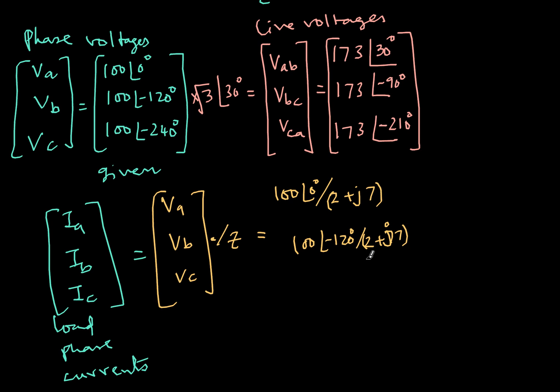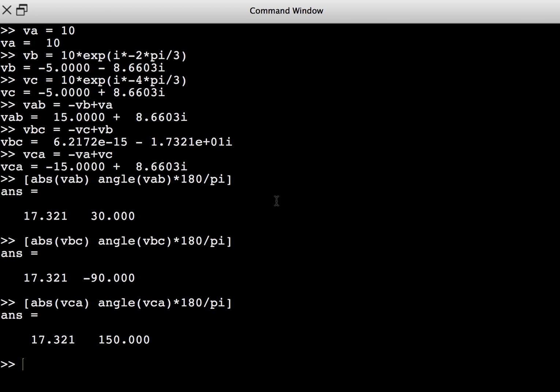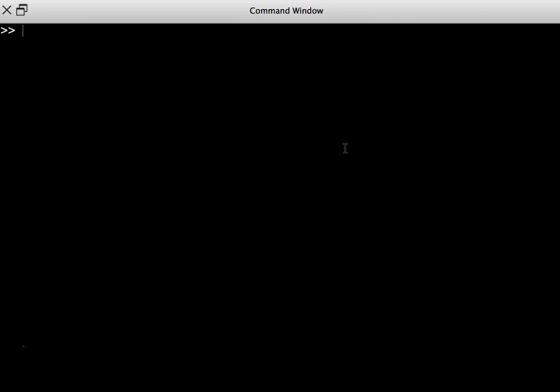and so on. So let me not write all this here. Let's do the calculation from the MATLAB interface. So let me switch over to the MATLAB interface. What I want to define now is VA, that is 100, VB, that is 100 EXP, I into minus 120 degrees, but then I want to define it in radians.